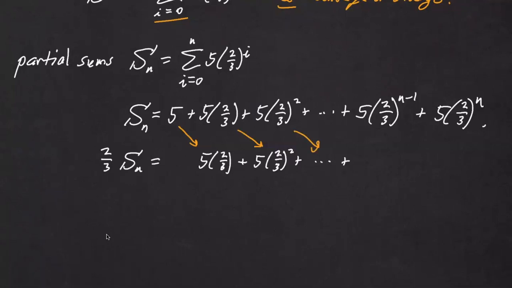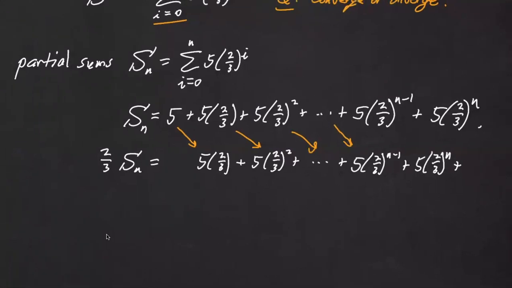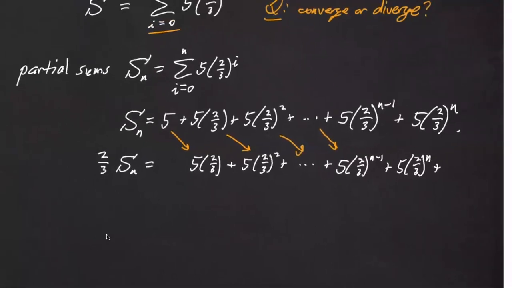There's a term just before the 5 times 2/3 to the n minus 1, that'll be 5 times 2/3 to the n minus 2. When we multiply that by 2/3, we get 5 times 2/3 to the n minus 1, and 5 times 2/3 to the n. And there's this extra term. So I can make this fit.